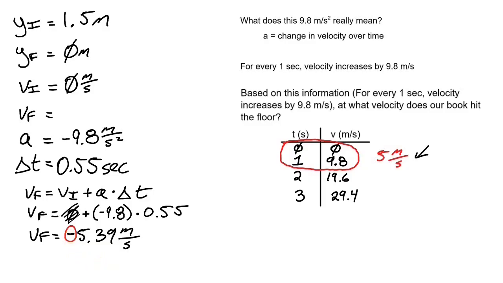It would actually be more accurate if we were to say these values are negative because, once again, velocity is a vector, and vectors have both a magnitude, a value, as well as direction. So it would be more accurate for us to include these negatives here, including over here, as well as this, because not only is velocity a vector, but acceleration is as well. So once again, these negatives are just representing the direction.